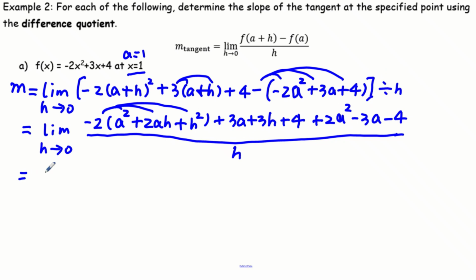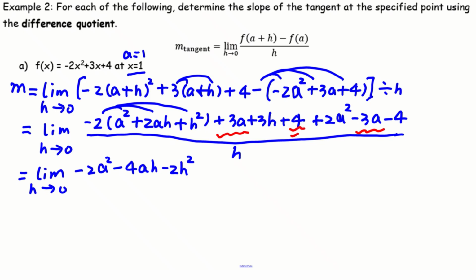Then we continue. We do this expanding, so -2 times each term in the bracket. So limiting value, as h approaches 0, we have -2a squared minus 4ah minus 2h squared. Then the 3a and 4, we could cancel them out, collect the like terms. 3a minus 3a is 0, 4 minus 4 is 0, so these two terms cancel out.